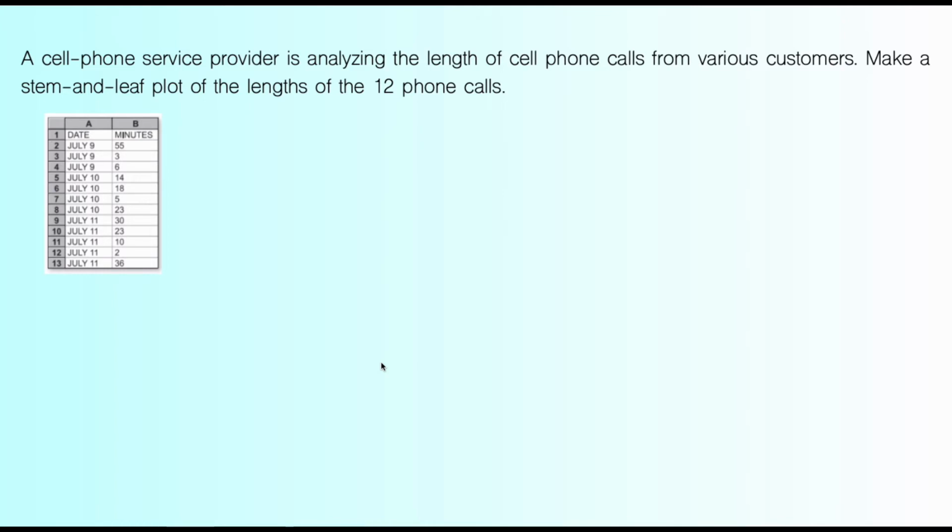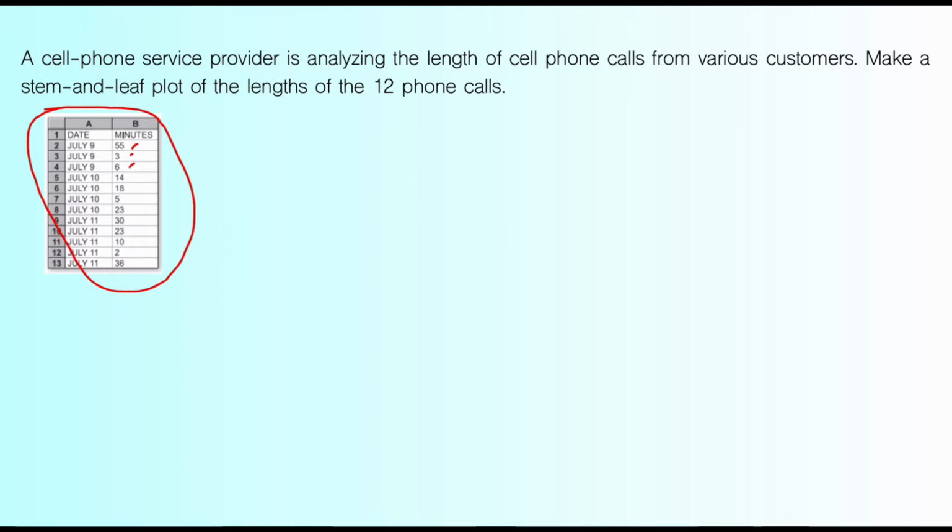So in this table, you can see that they've already taken 12 different phone calls, all from the month of July. There's a 55-minute phone call, a 3-minute phone call, a 6-minute, and so on. And they want to analyze these phone calls. So we are going to do that by making a stem and leaf plot of these 12 phone calls.